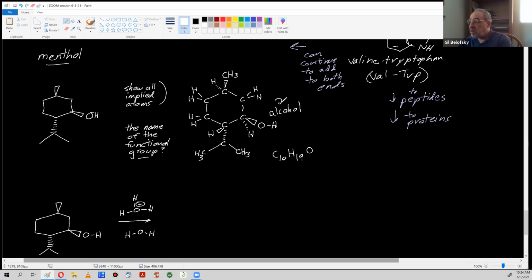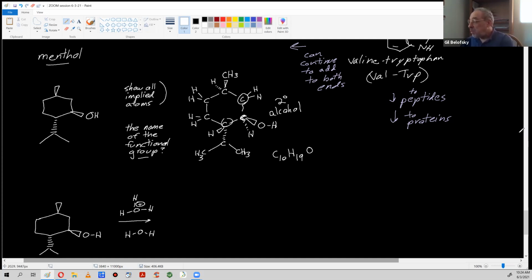And it's a secondary alcohol, right? Because the carbon to which the alcohol is attached is connected to two other carbons, there and there. That's how we name, remember, primary, secondary, and tertiary alcohols. So there's menthol, there's the functional group in it.